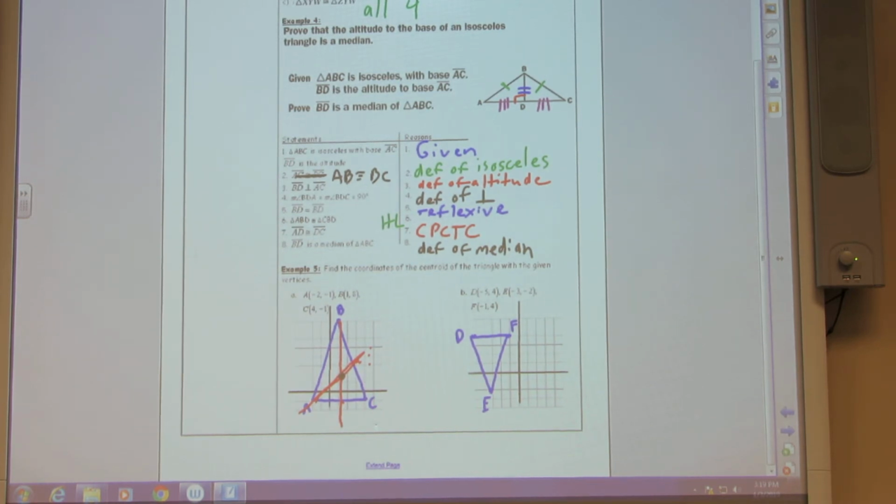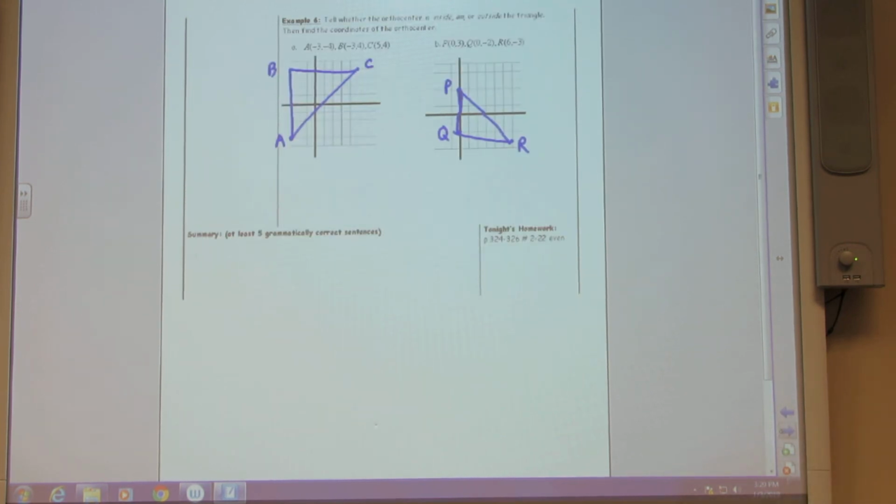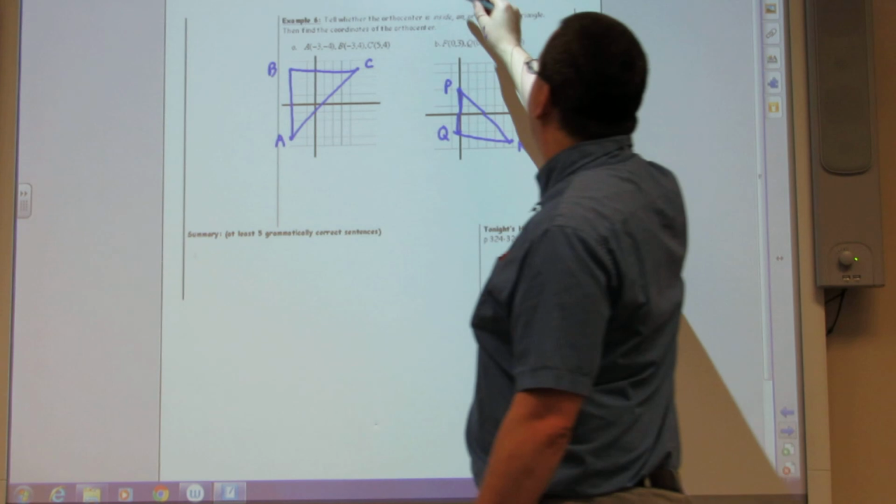I'm going to switch to the next page and talk about the orthocenter and finding that. That is our lines that hit at 90 degrees. Some of these points don't have to be in the triangle. Both examples here, one is on, one is outside. The first one is on. This is a 90-degree triangle.